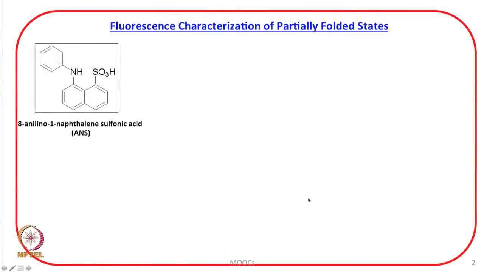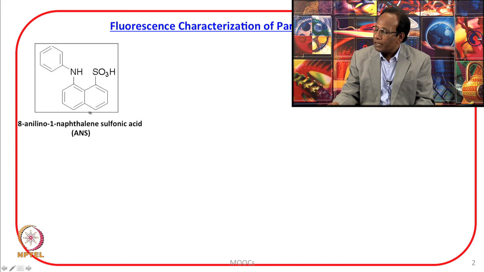This molecule, 8-anilino-1-naphthalene sulfonic acid, has been extensively used in literature in the characterization of the partially folded states. How and why? If we look at the molecular structure of ANS, it has a good hydrophobic component and it also has a sulfonate group.